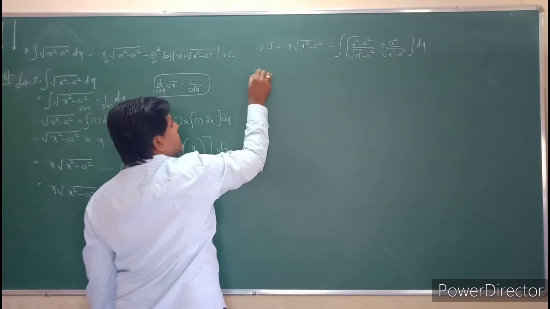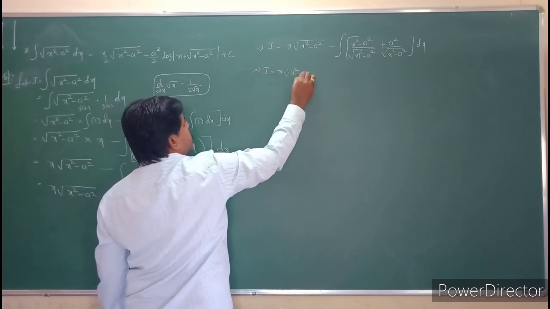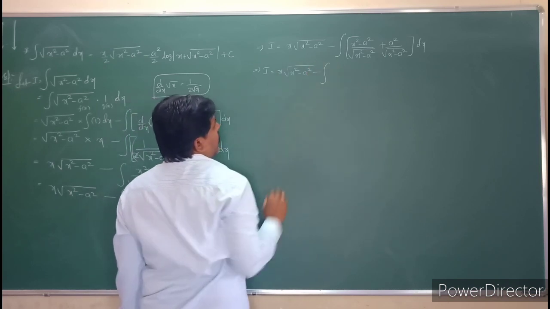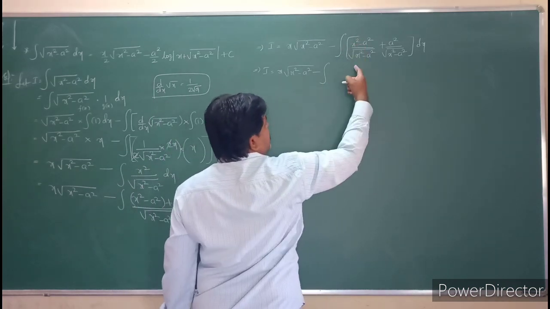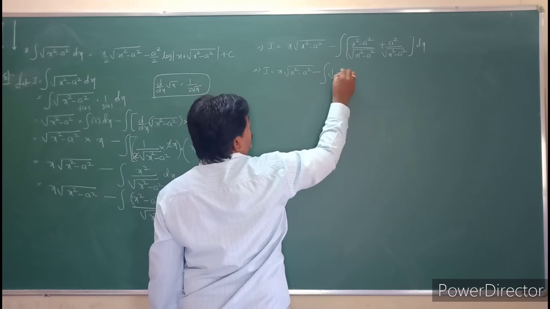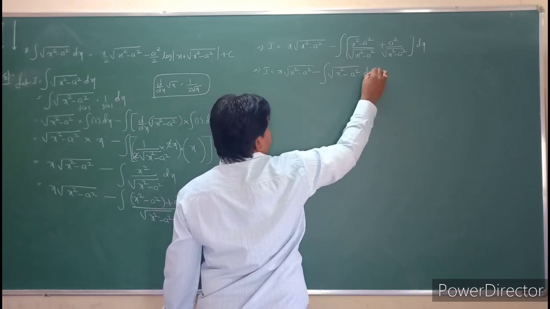So that implies I is equal to x into root of x square minus a square minus the integral of, see students, x by root x, how many times will it be cancelled? Root x times. So it will become root of x square minus a square into dx.